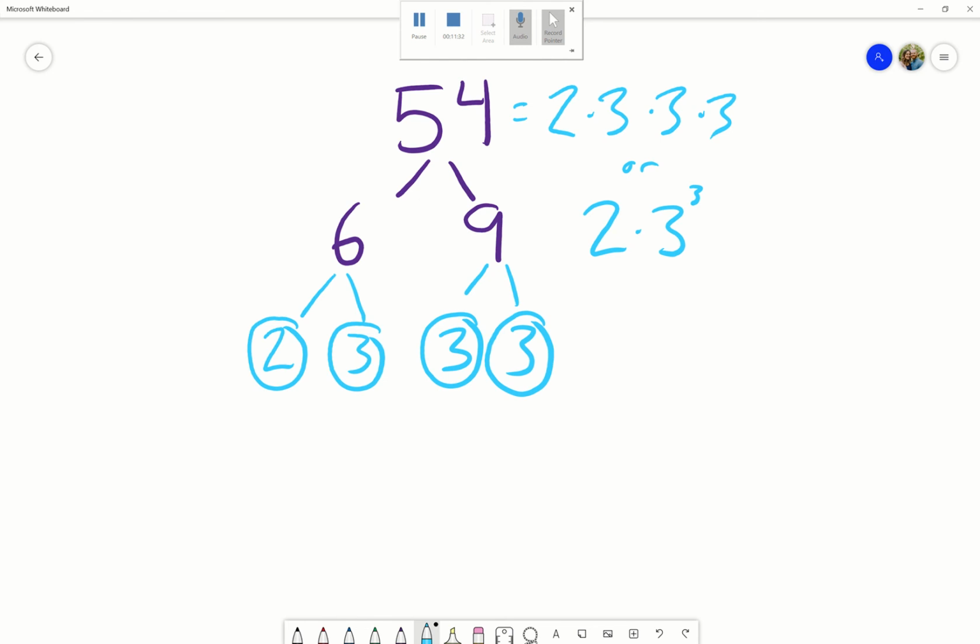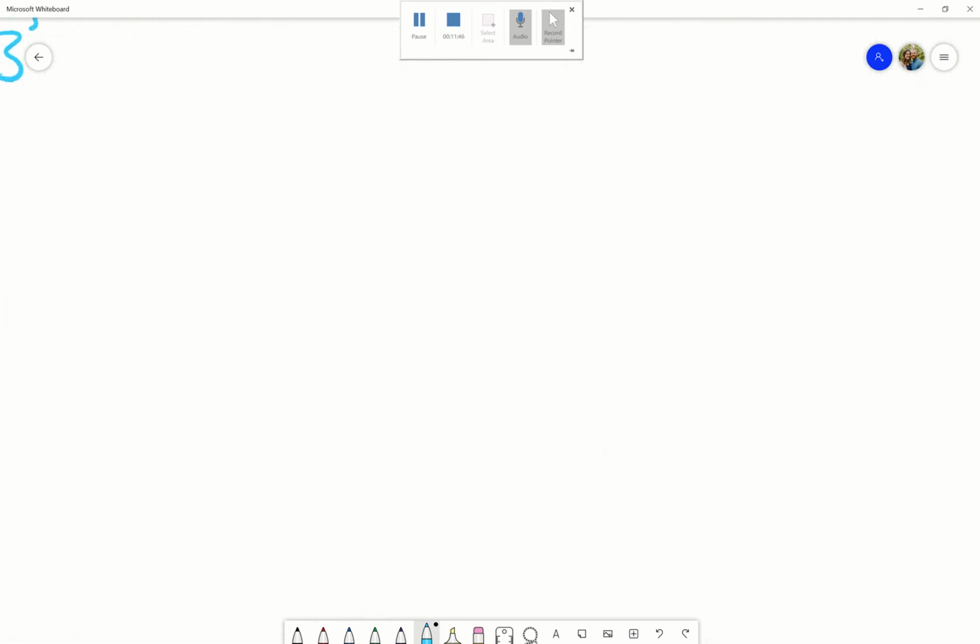So we break down as much as we can. Once we get to our prime numbers, we circle those values, and we want to write out what this multiplication problem might look like. Now, let's try one like this. Let's say we have 40.